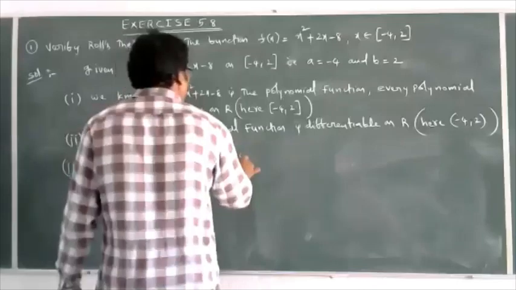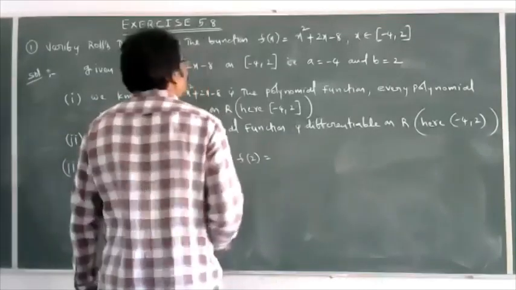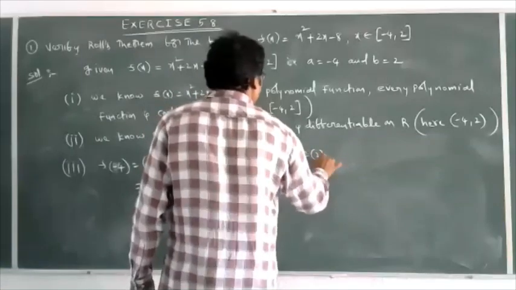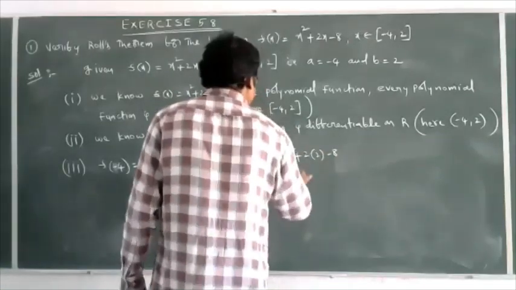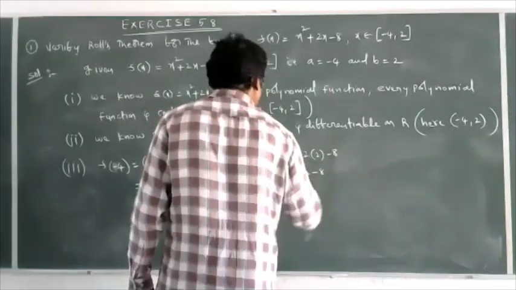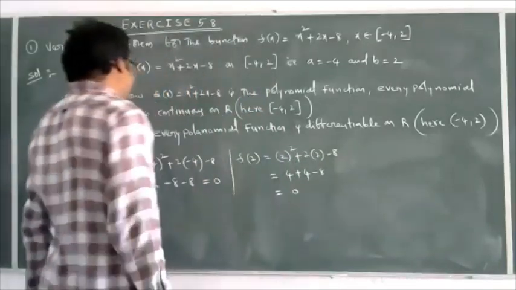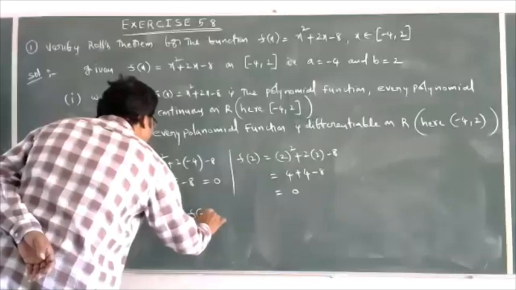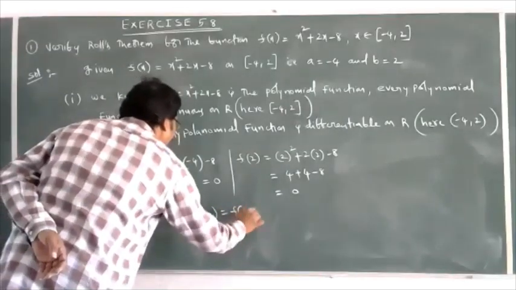And f of 2 is equal to 2 square plus 2 into 2 minus 8, that is equal to 4 plus 4 minus 8, that is equal to 0. That is, f of minus 4 is equal to f of 2.